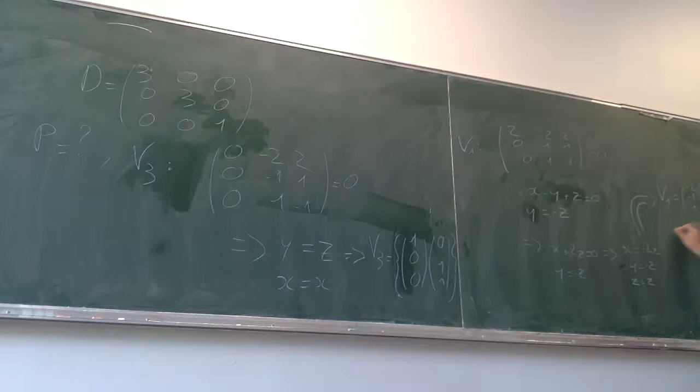So anything collinear to this one is going to be an eigenvector.